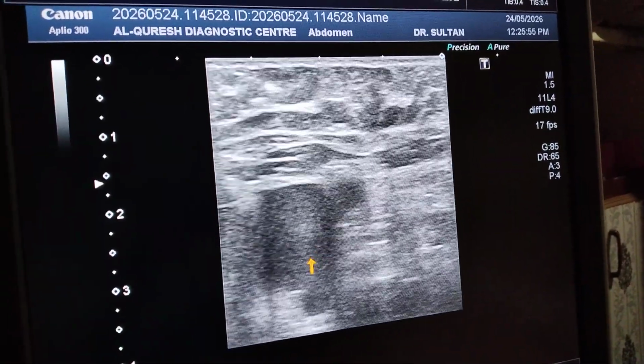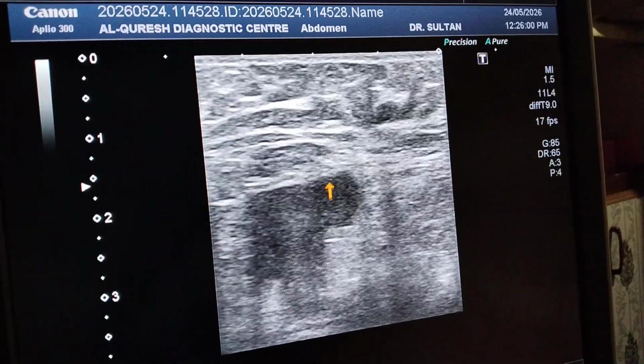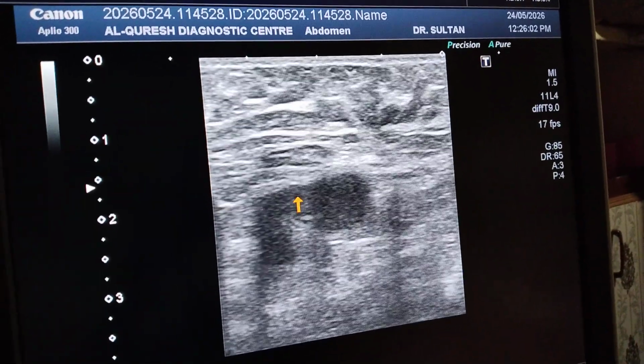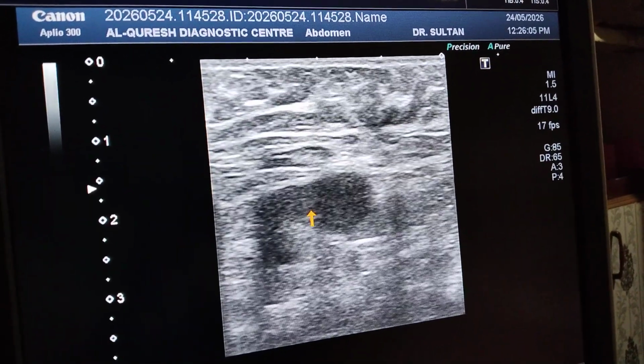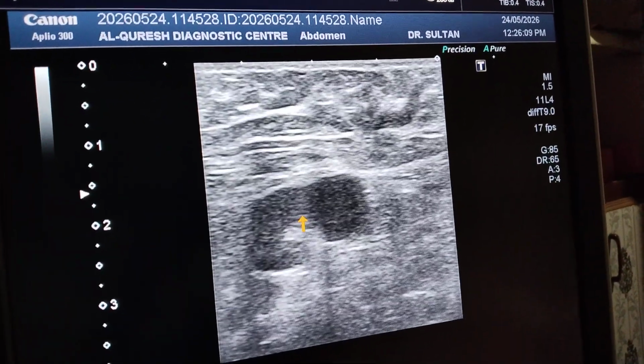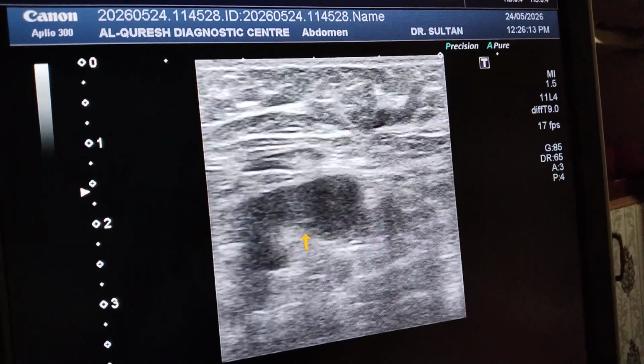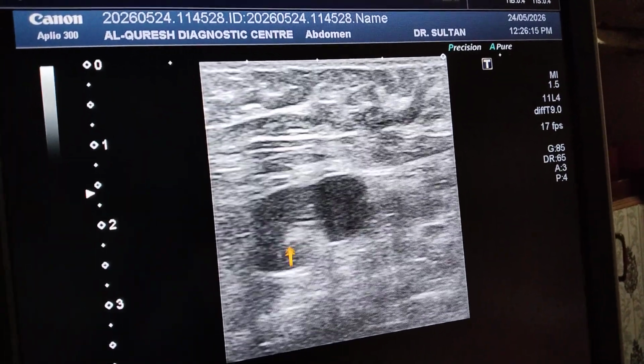This is also present. This is also present. What I have seen is that this lymph node is showing significant cortical thickening. From here to here is the cortex, and this tiny structure, this one, is the fatty hilum.